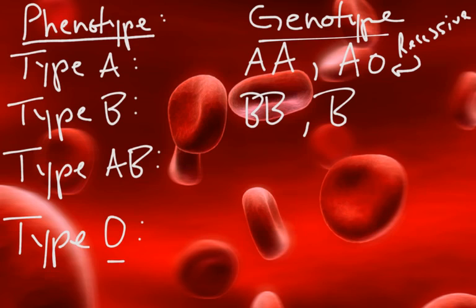So the only genotype for type AB is to have an A allele and a B allele. So if you get an A allele from your father and a B allele from your mother, you are going to have both types of antigens, A and B. Now O, we said, is recessive, so the only way to be recessive is to have 2 recessive alleles.